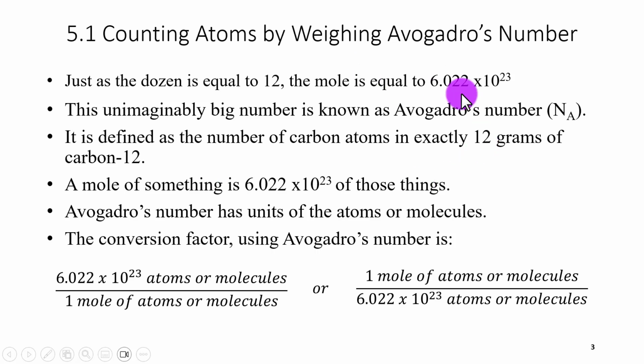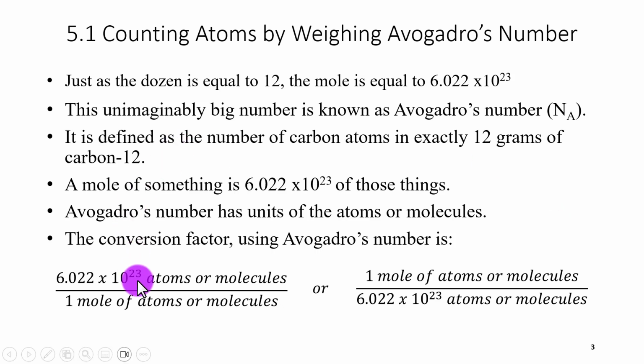This is made for ease for us, so everything else in the periodic table is expressed in terms of the number of carbons, and everything is relative to this number. A mole of something, it doesn't matter what the something is, is 6.022 times 10 to the 23rd of that thing that we're talking about. Practically speaking, we're going to talk about atoms and molecules because they are so small that I need this many of them to make something large enough macroscopically that I can measure practically.